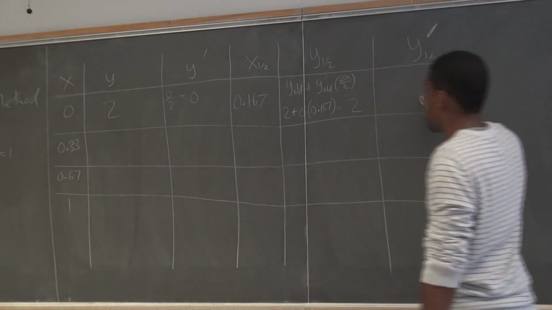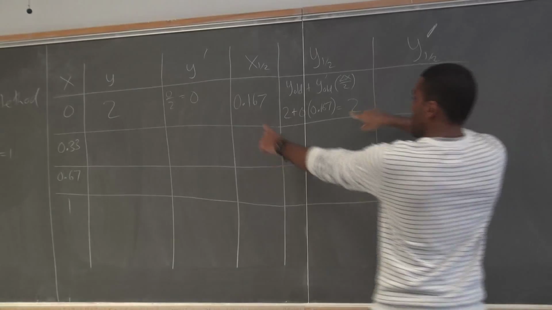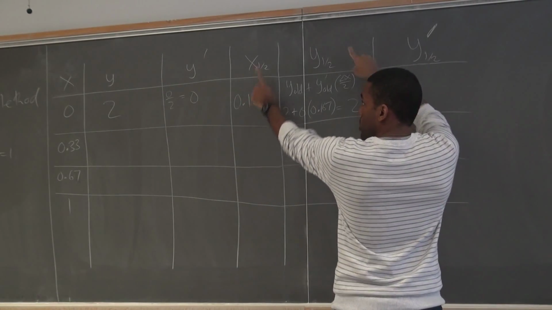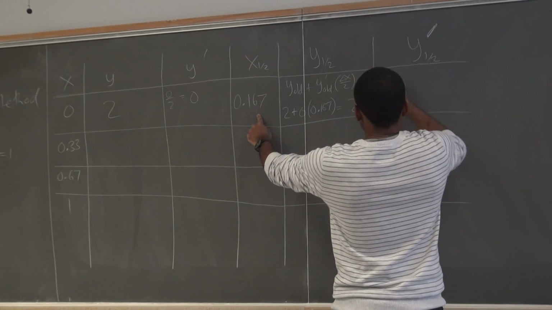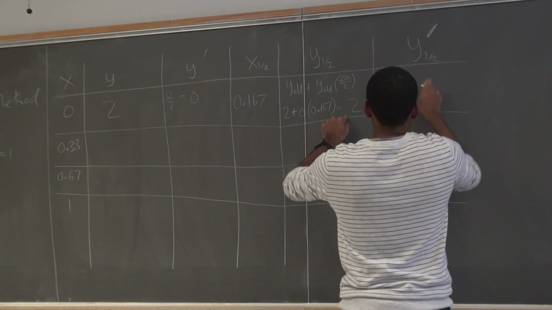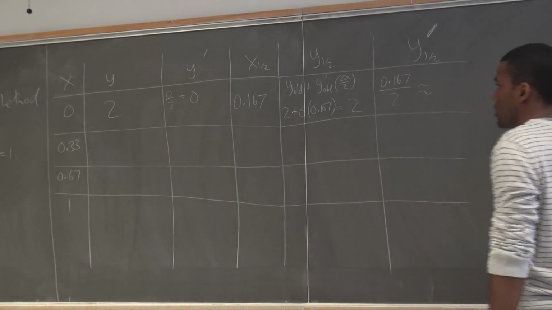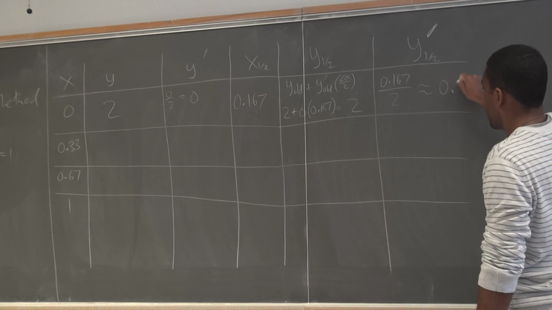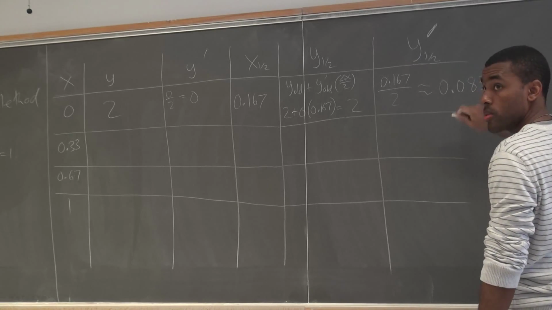Then I'm going to find the derivative using these two, again just x over y. I'm following the same formula, but using the half steps. So this is 0.167 divided by 2, which is 0.0835.